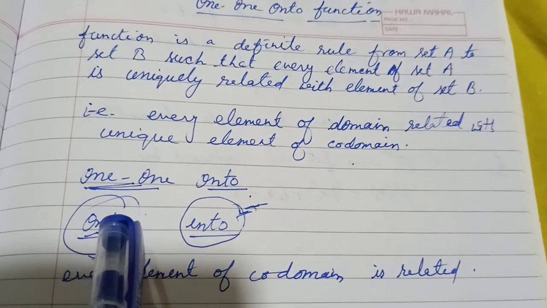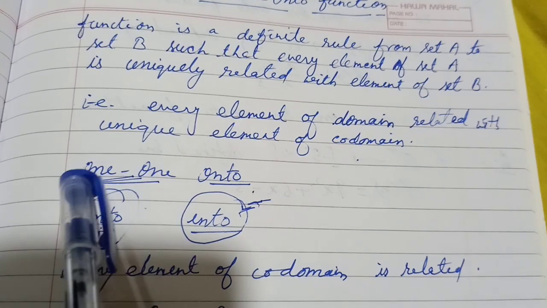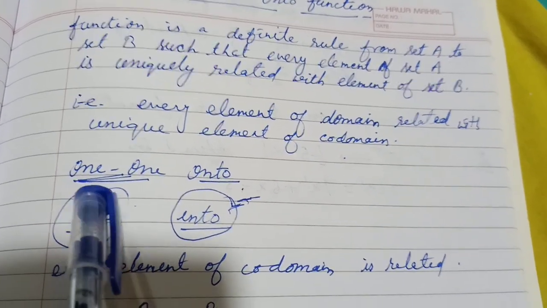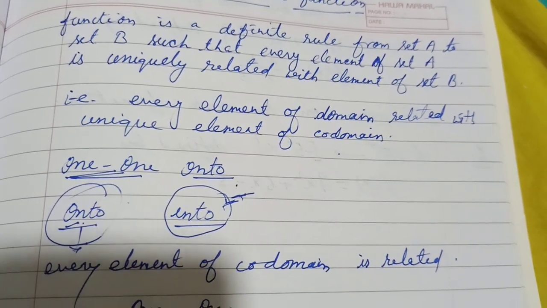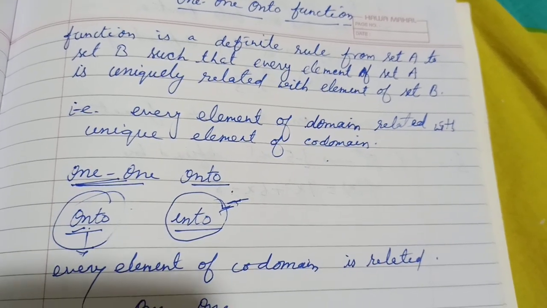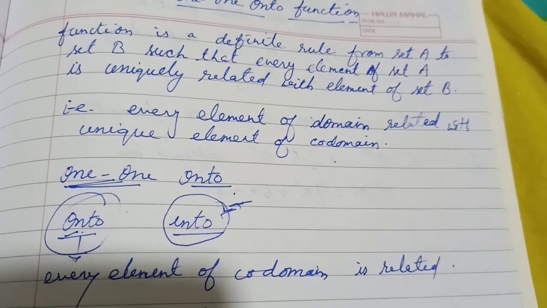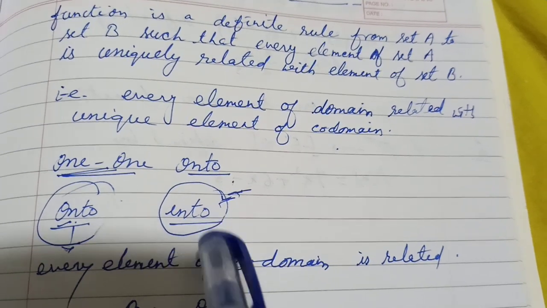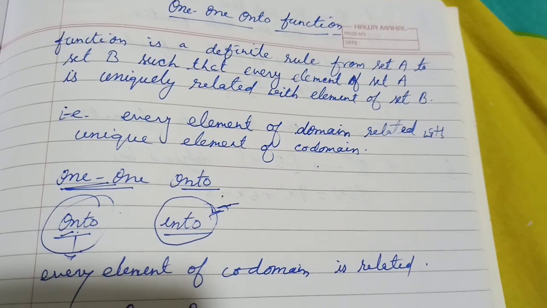If every element of set B is also related, then it is called an onto function. If at least one element of the codomain is not related with any element of the domain, then it is called an into function.